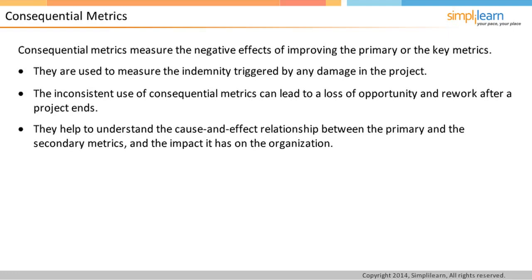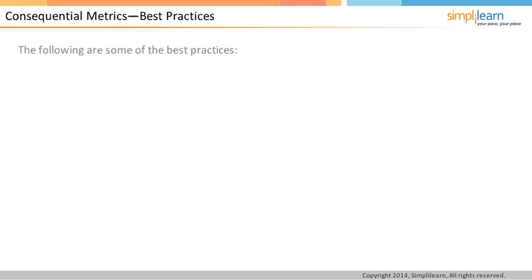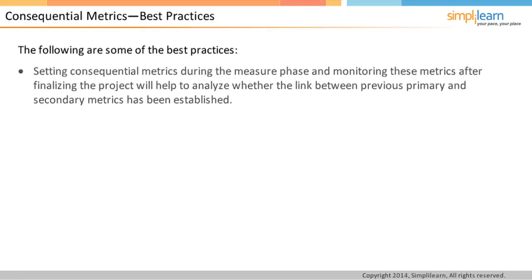We will discuss the best practices in this screen. The following are some of the best practices of consequential metrics. Setting consequential metrics during the measure phase and monitoring these metrics after finalizing the project will help to analyze whether the link between previous primary and secondary metrics has been established.